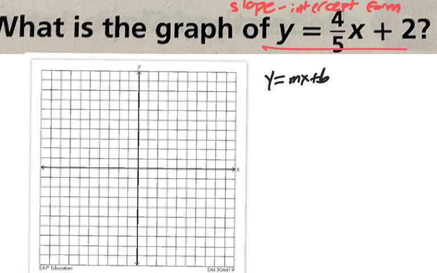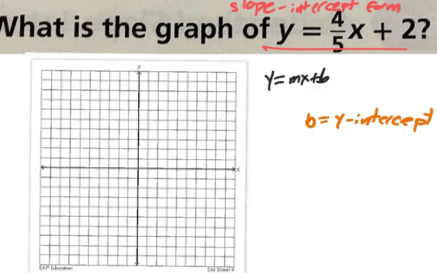What else do you know about it? Slope intercept form, y equals mx plus b. The b is the y-intercept. Okay. And what is a y-intercept?